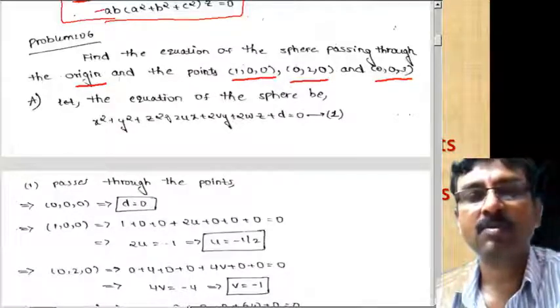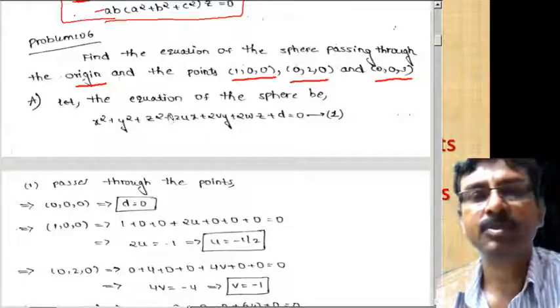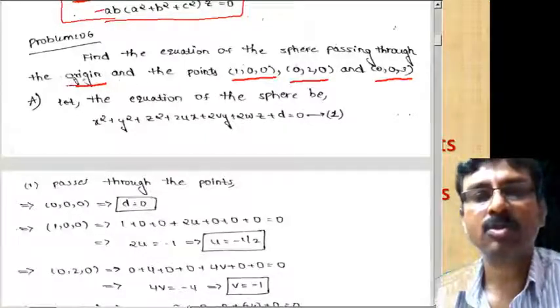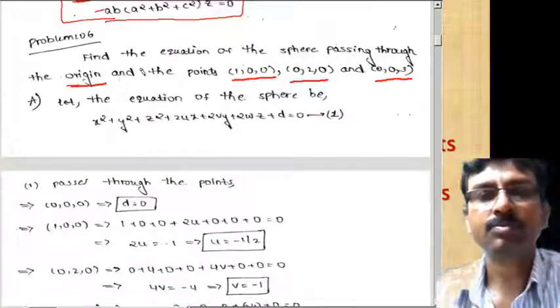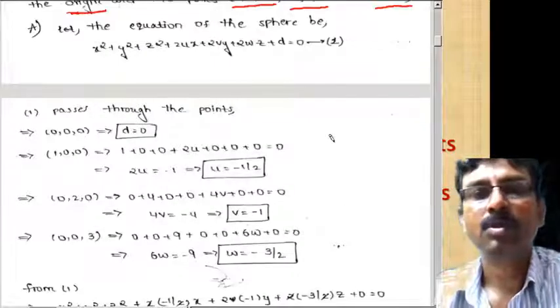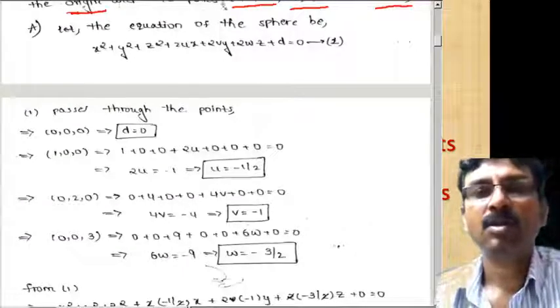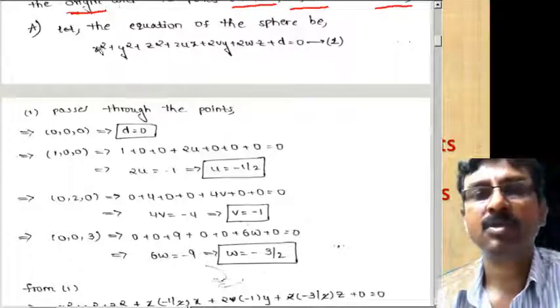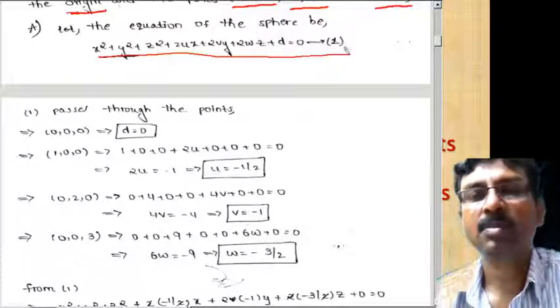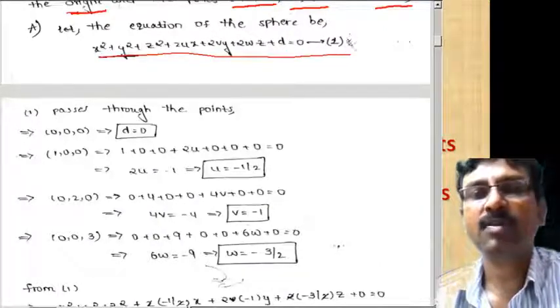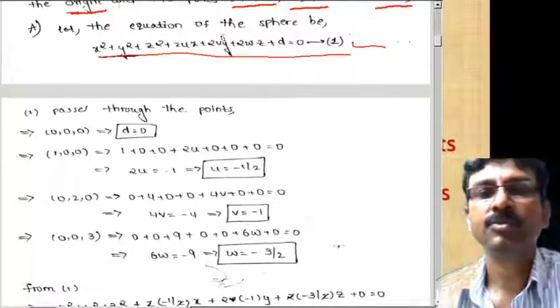Of course, this is very similar to the previous problem and also passing through the origin. So as usual, let the equation of the required sphere be x square plus y square plus z square plus 2ux plus 2vy plus 2wz plus d equal to 0, taken in a standard form.